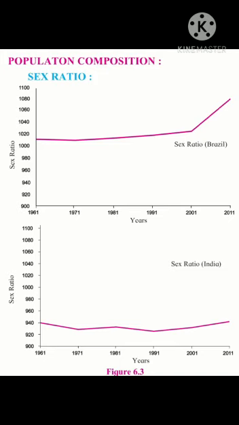It is evident from the graph that the number of women in Brazil have always been more than men, while in India they have never been more than men at any point of time given here. Now students, try to understand the figure of Brazil. In 1961, about 1010 women were there per thousand men.